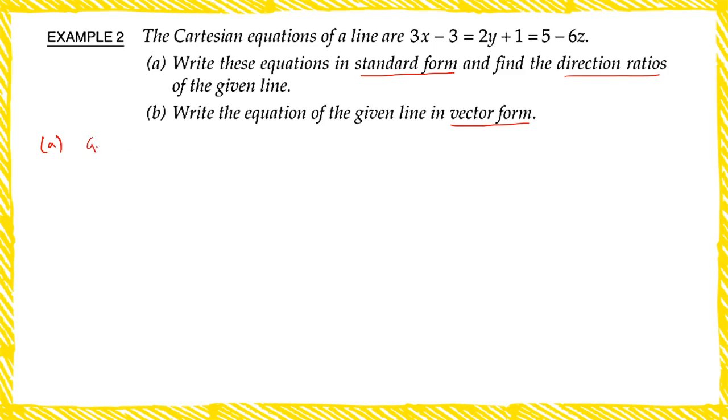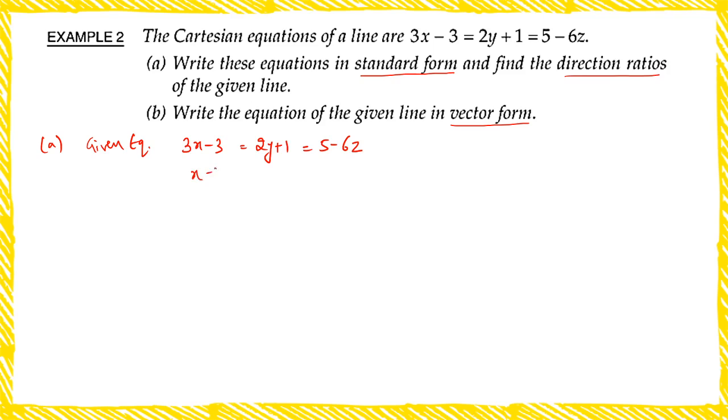The given equations are 3x minus 3 is equal to 2y plus 1 is equal to 5 minus 6z. This equation is not in the standard form. So we are going to write it in the standard form. What we have to do? We have to divide it by 3. So let's divide.